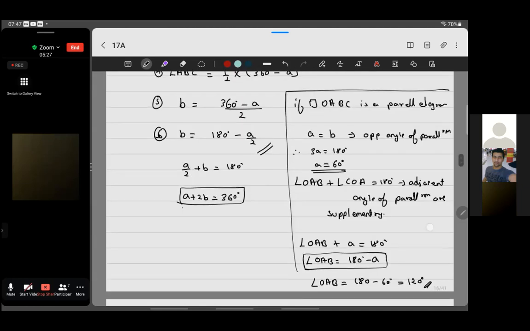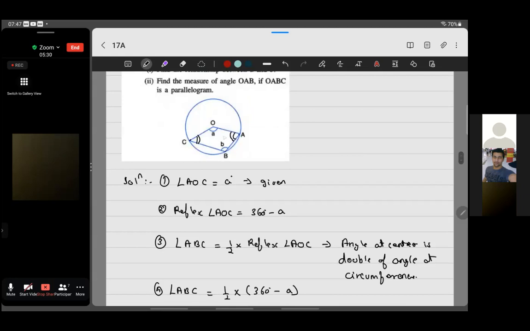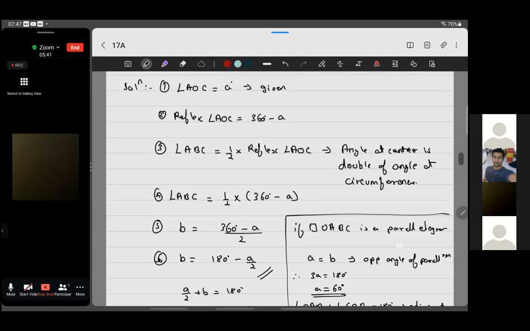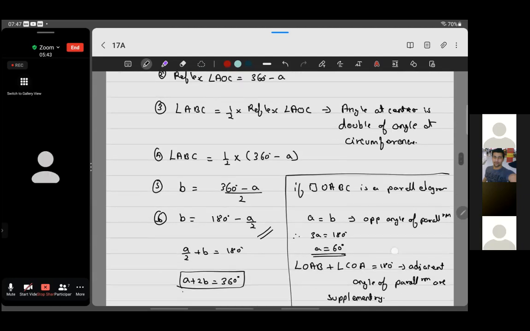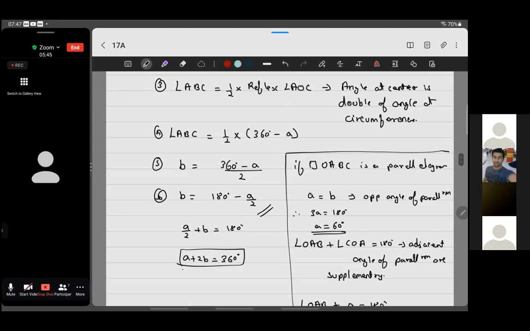क्लियर है एवरीवन? ये 120 डिग्री, ये भी 120 डिग्री. और ये A 60 डिग्री. सर आपको ये 60 डिग्री कैसे मिला? अरे सॉरी, मैंने 180 ले लिया. It is 360, एक मिस्टेक है.